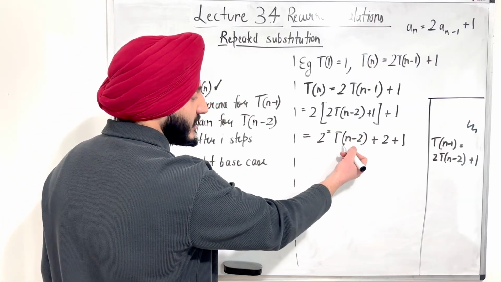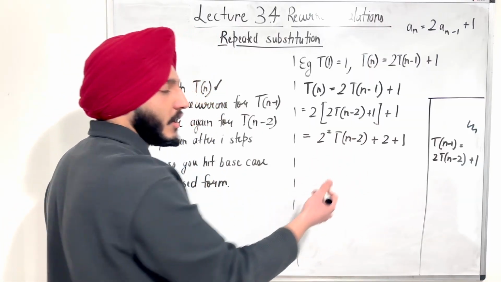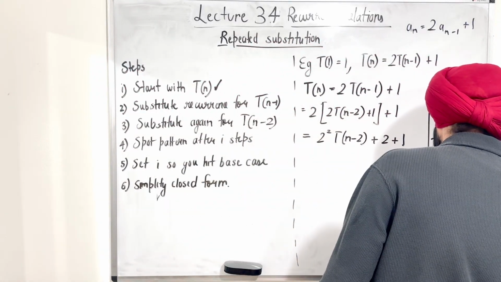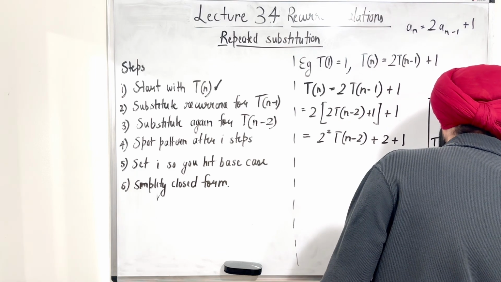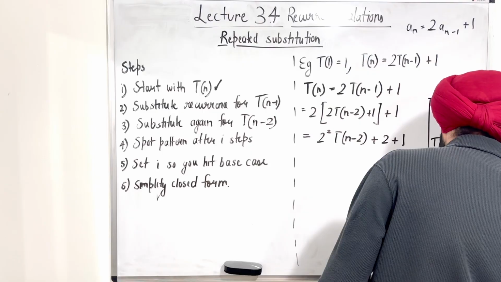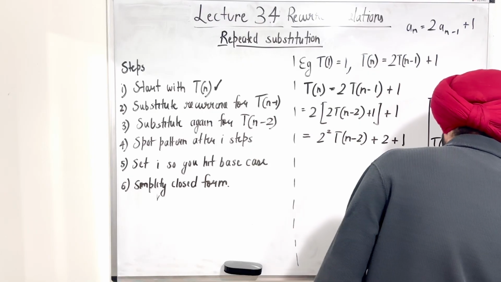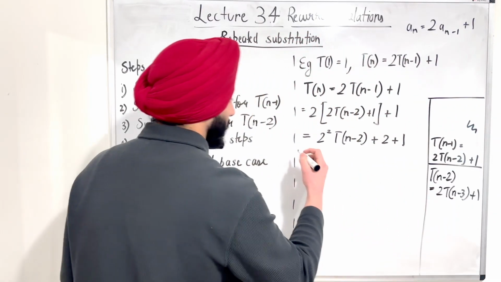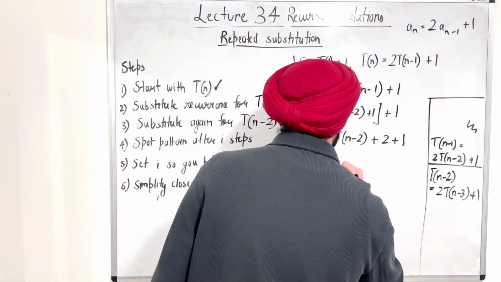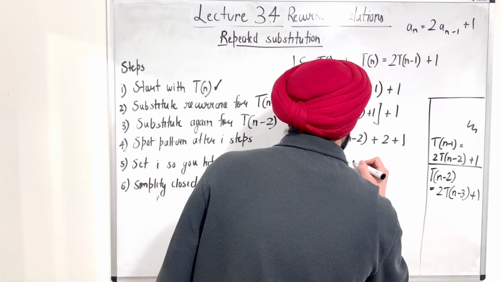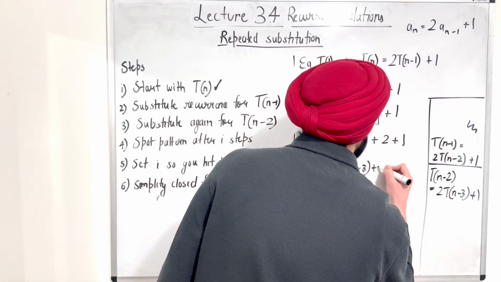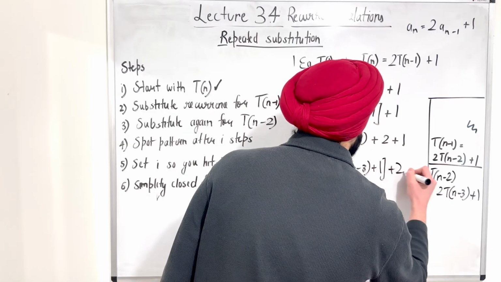Now I'm going to replace this Tn minus 2 with the term again. So Tn minus 2 would be equal to 2 Tn minus 3 plus 1, right? I hope this makes sense. So you get 2 squared times 2 Tn minus 3 plus 1, plus 2 plus 1.